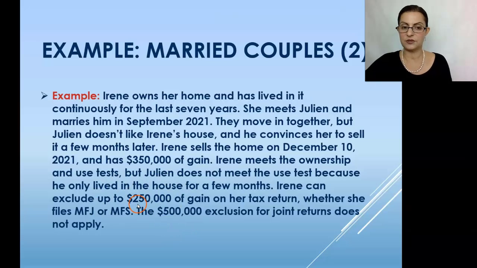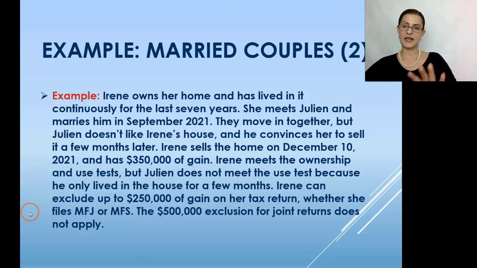They can only exclude $250,000, whether they file jointly or separately. And she's going to have a partially taxable gain because she had $350,000 of gain and she can only exclude $250,000. So she's going to have $100,000 of long-term capital gain that she's going to have to pay tax on.